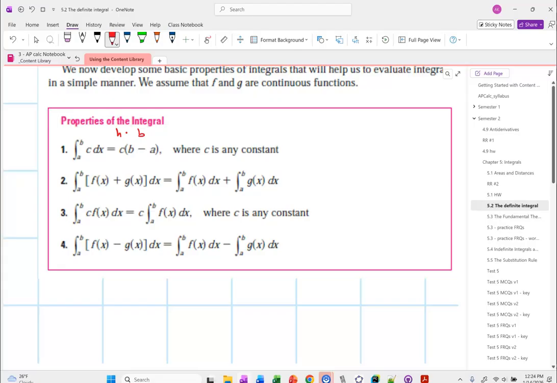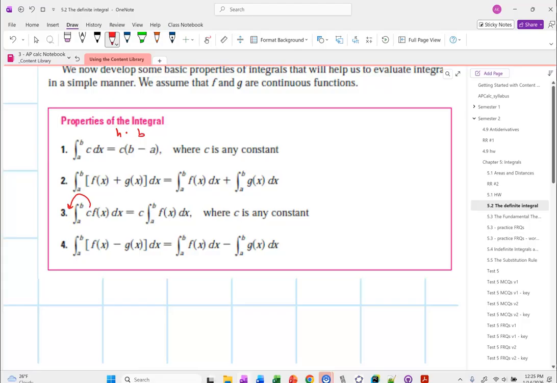What are we saying in property 3? Yeah, as we can just take our constant and pull it out front of the integral, right? Can you do the same thing for differentiation? Yes. Why can you do it for both of them?